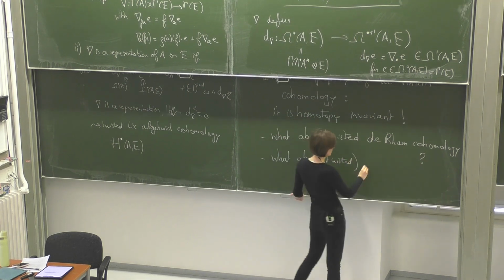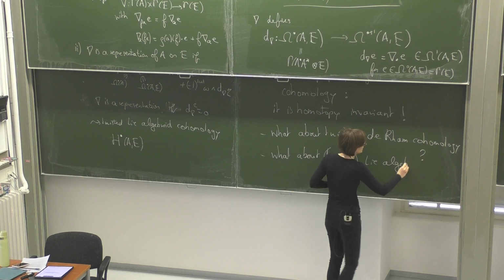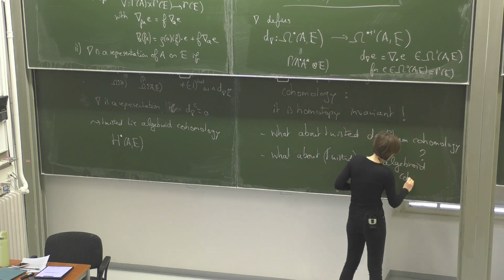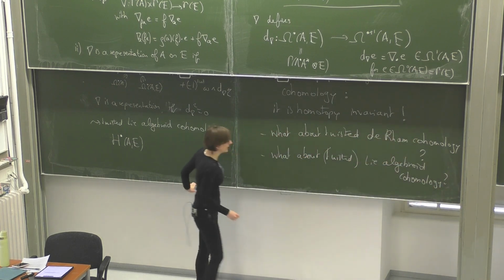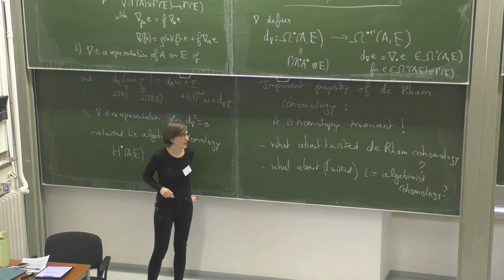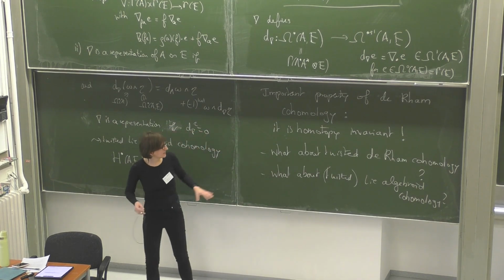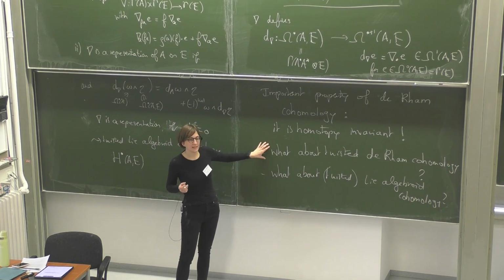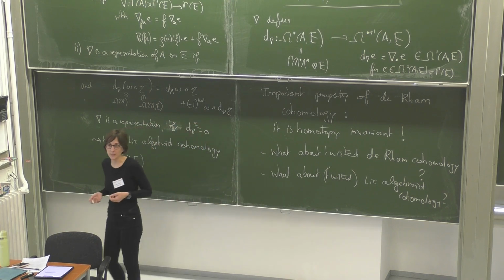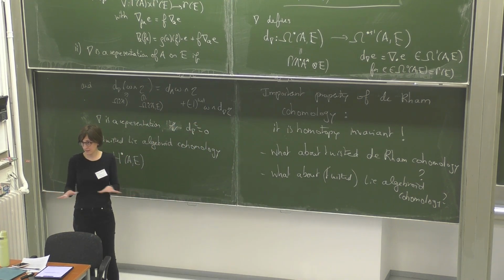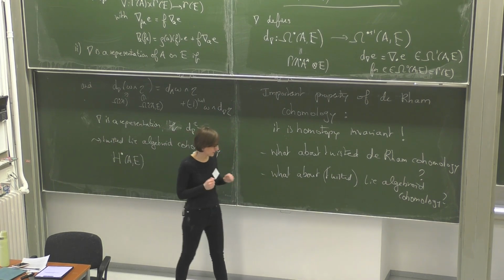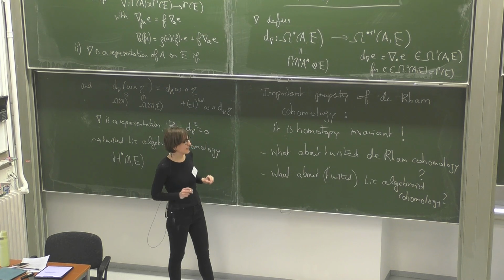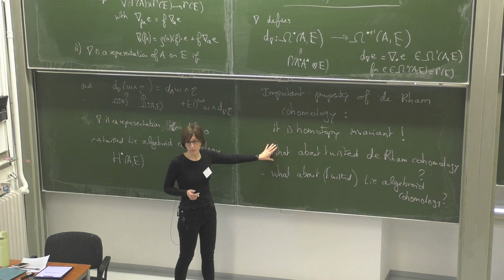Well, twisted or not, that's new in both cases, the algebroid cohomology. And as I said, I want to advertise a bit the algebroids. I want to advertise this going higher to the algebroids instead of staying in the smooth world of smooth manifolds, because I hope to show you how it is actually really necessary to go to the world of the algebroids to solve this question, which still seems very standard.